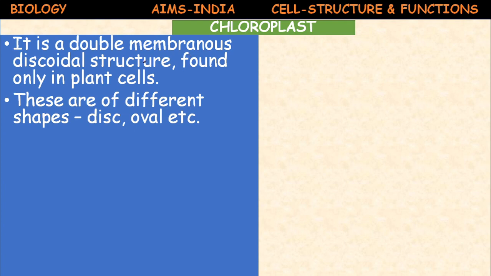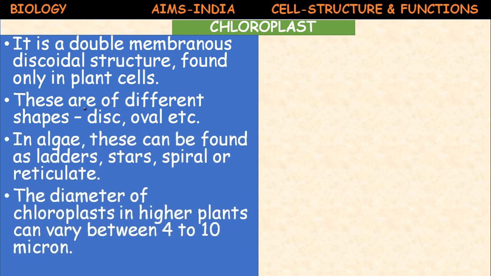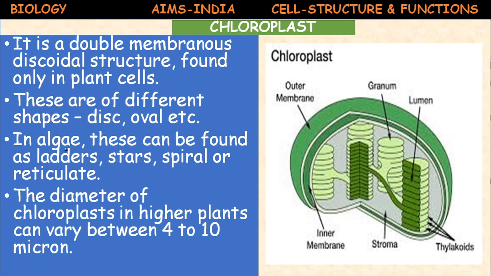Chloroplasts are double membranous discoidal structures found in plant cells. They are of different shapes, disc or oval shape. In algae, they are ladder, star-like, spiral or reticulate, depending upon the type of cell, for example Spirogyra, Anabaena, Nostoc.